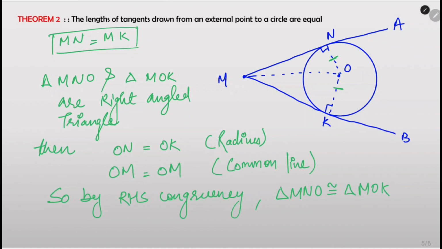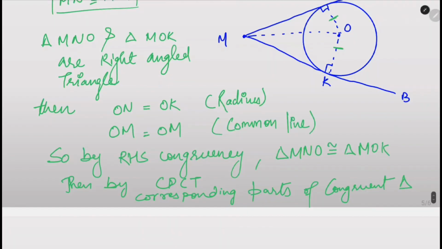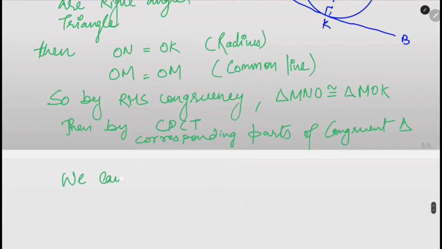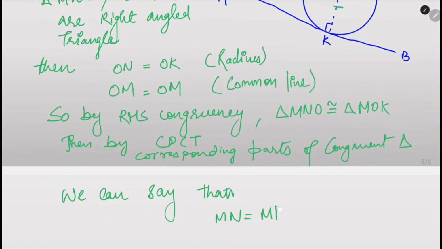Right? If this is true, then by CPCT, that is corresponding parts of congruent triangles, we can say that this MN is equal to MK, hence proved.